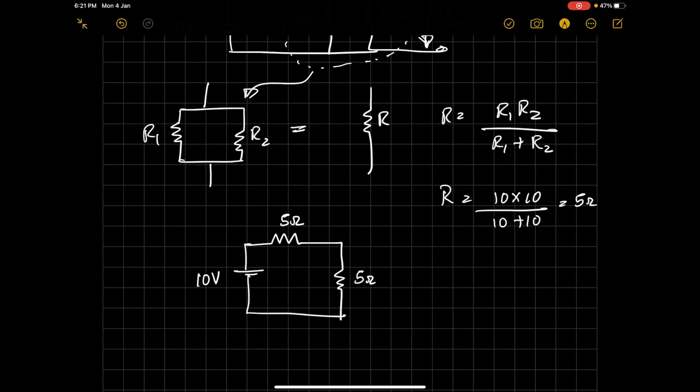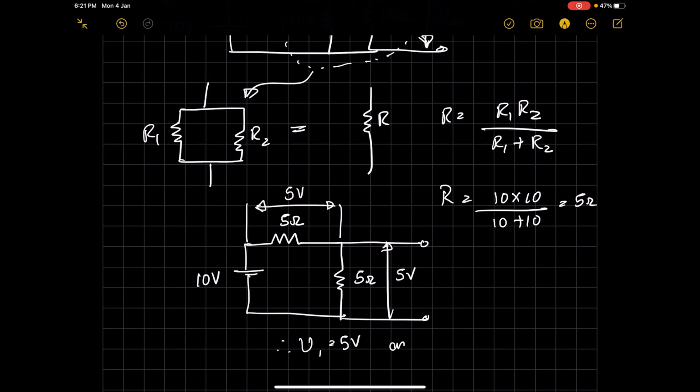And we saw in our first example that if the voltage is applied to two resistances which are equal and in series, the voltage will be divided equally. So the 10 volt applied will be divided as 5 volt here and 5 volt here. Therefore V1 is 5 volt and V2 is 5 volt.